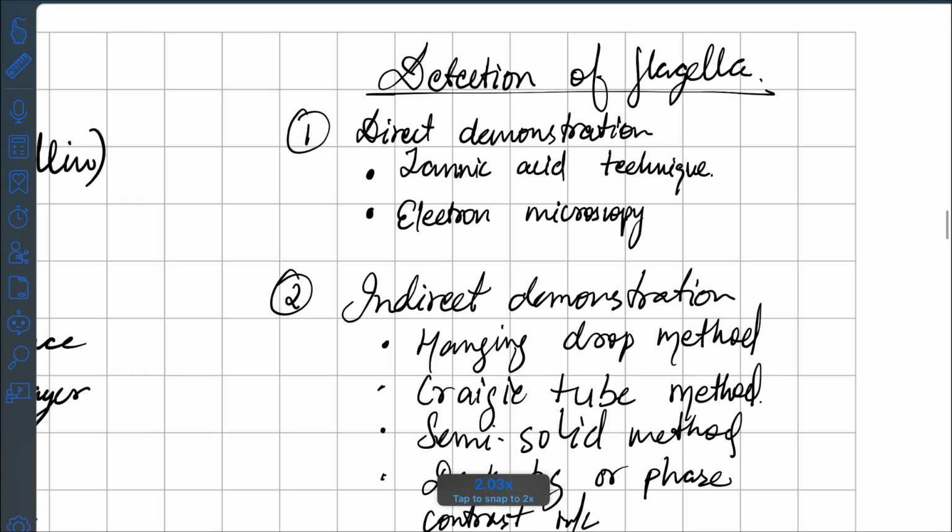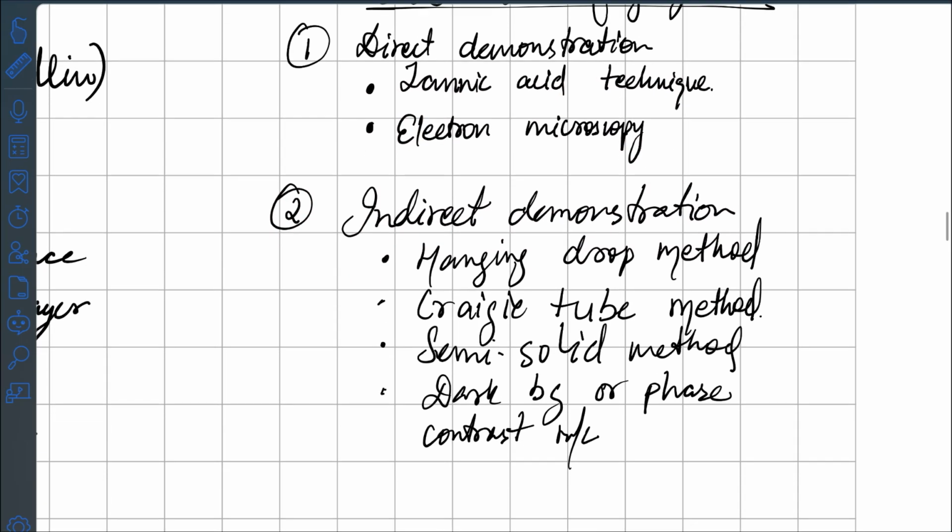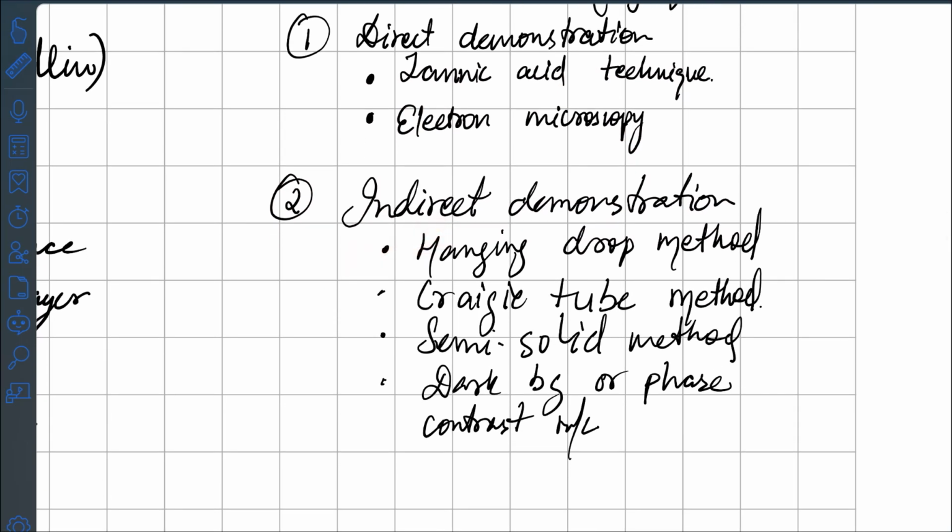The first method of detection is direct demonstration. We can do it by the tannic acid technique or direct electron microscopy. The second method is the indirect method, where the hanging drop method, Craigie tube method, semi-solid method, and dark background or phase contrast microscopy method are included.